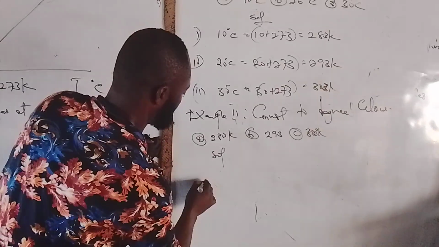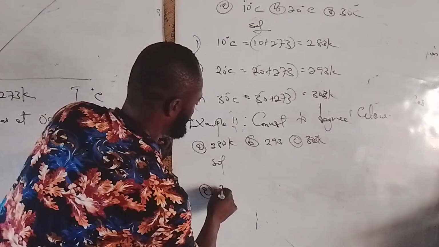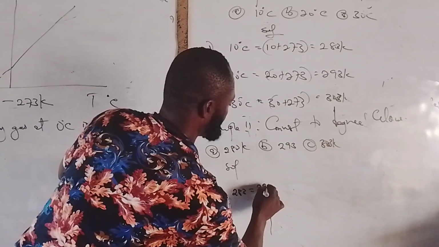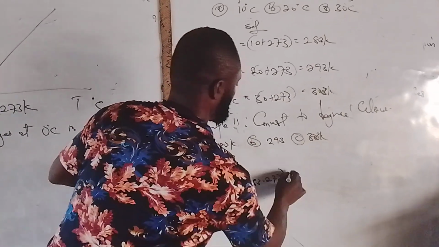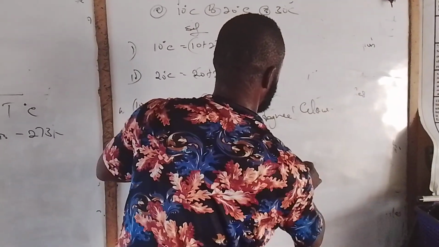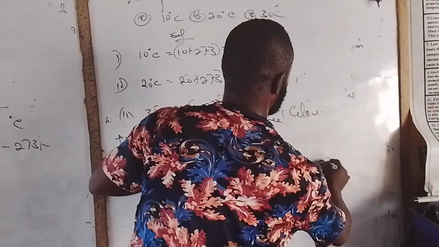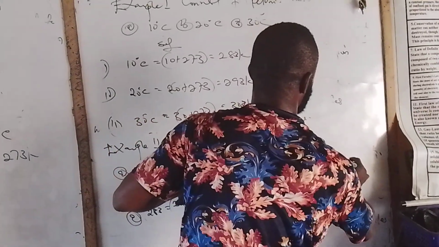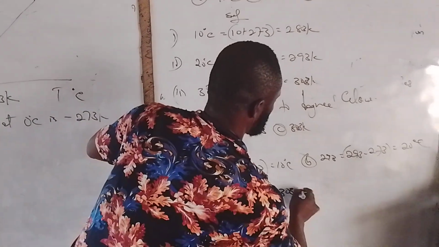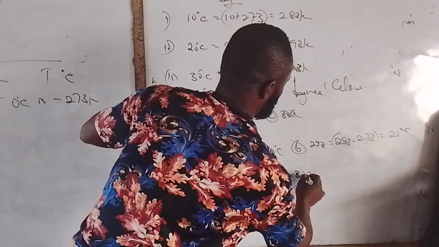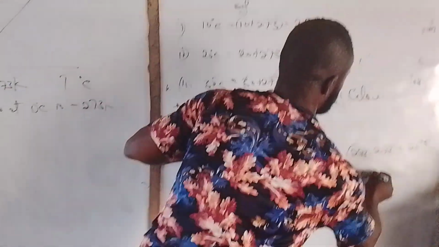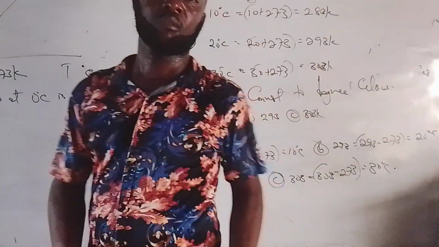A is 283 minus 273 equals 10 degrees Celsius. B is 293 minus 273, which will give you 20 degrees Celsius. C is 303 minus 273, which will give you 30 degrees Celsius.